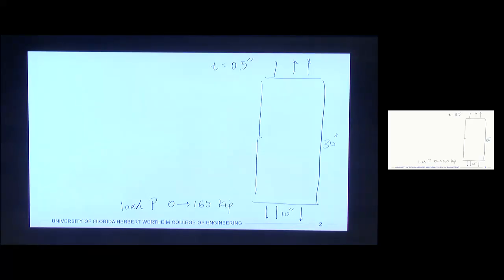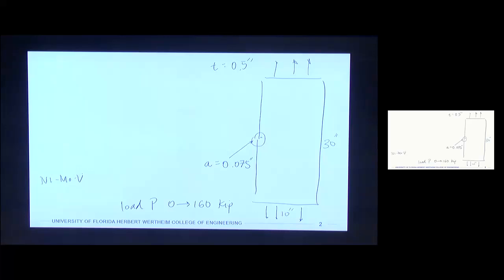An inspection has discovered a through the thickness crack at one edge near the midspan of the plate. So that's what I drew, that tiny little thing right there. So we're going to say A is equal to 0.075 inches. That's what the dimension of the crack is estimated to be. The material is a nickel, molybdenum, vanadium steel.